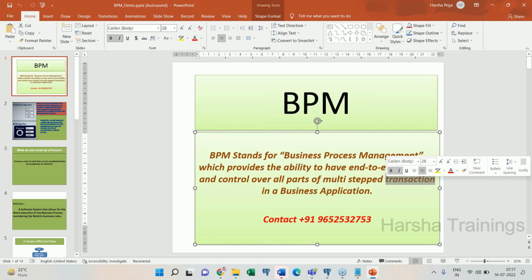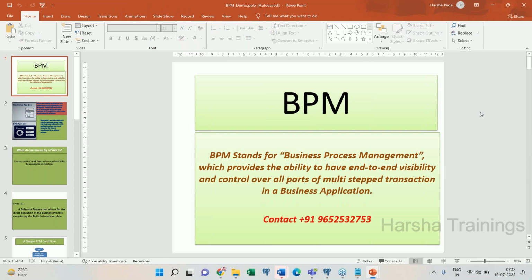It may be a loan, or insurance, or bank account opening, or third party transfer of money from one account to another account. It may be withdrawal of money, a deposit of money, credit card issuance, debit card issuance, or a purchase. It can be anything which is called a work. A work will be initiated, work will be processed and work will be completed. So all this is called a transaction.